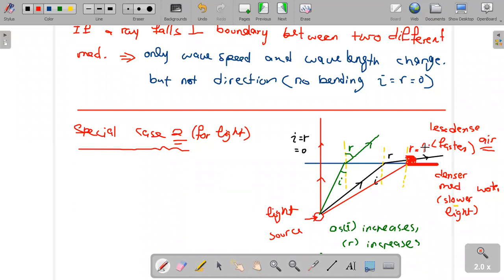R equals 90 degrees. So here R equals 90 degrees.